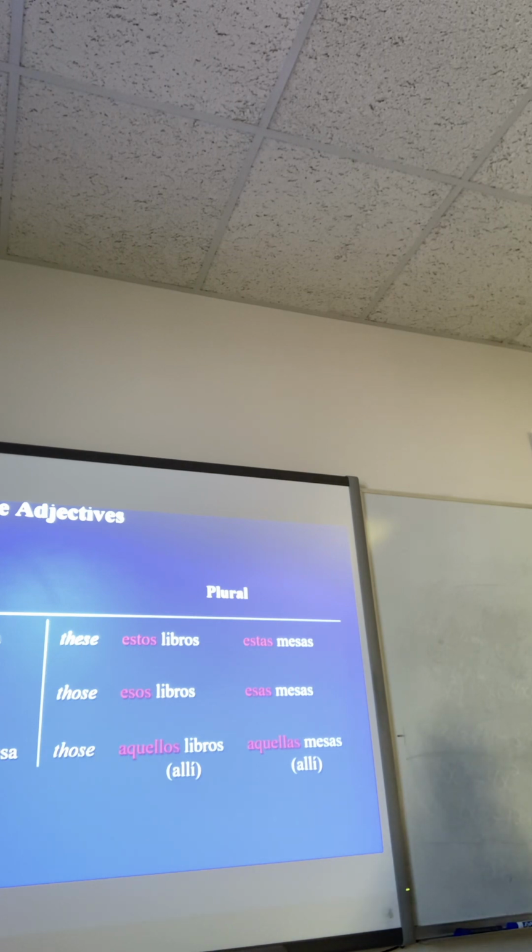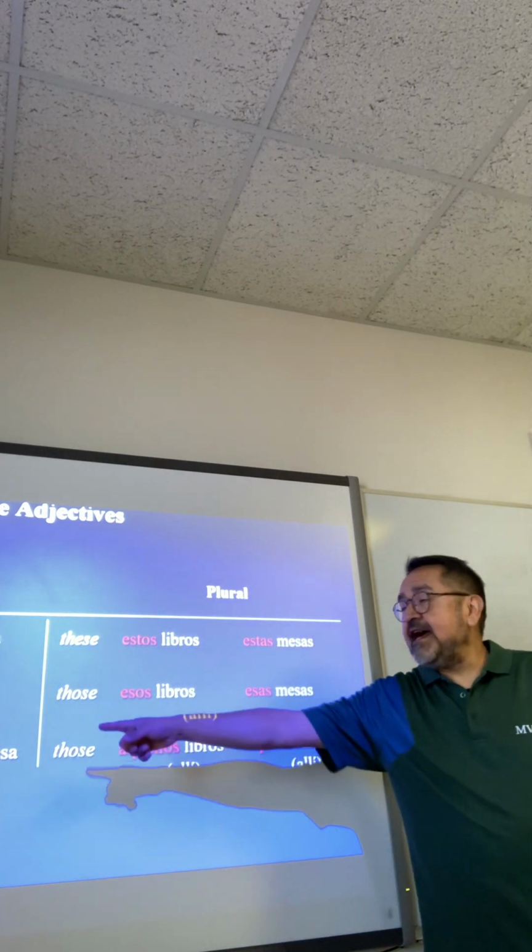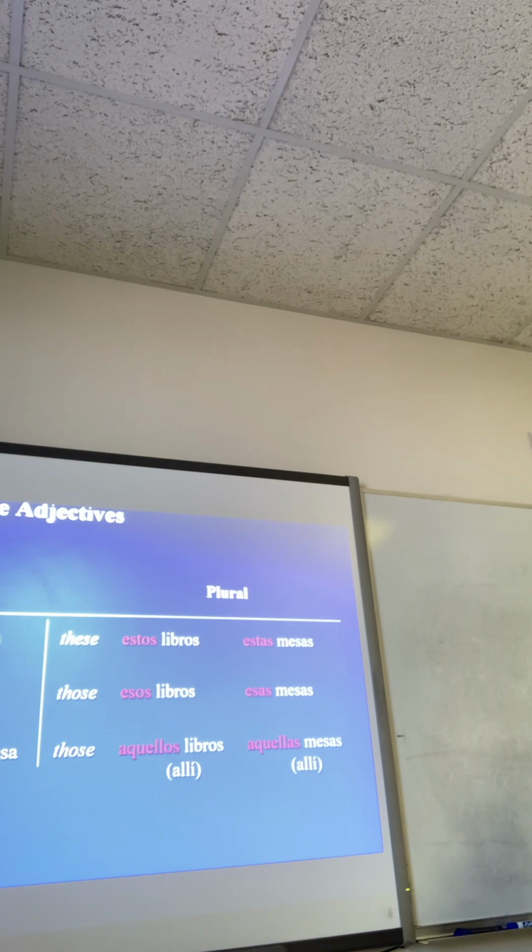Maybe Shuya complains that his chair is gross and so is the one next to him. So I say, well, go get aquella silla. There's a whole stack of chairs way back there in the corner. Ese, aquel. We don't have that third word in English. We just say, oh, that chair way back there.